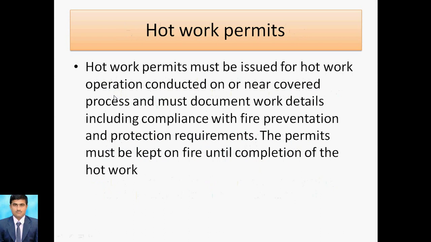Then hot work permits. Here the operator must issue hot work permits on or near covered processes, and this permit must be kept on file until completion of the hot work. So this is also important. The operator must always remember fire prevention and protection requirements, and only then can they permit hot work. So this type of care we can take over here.